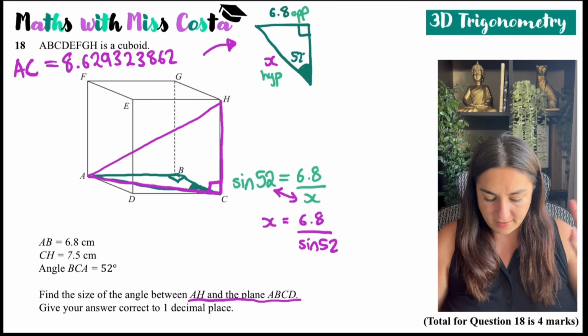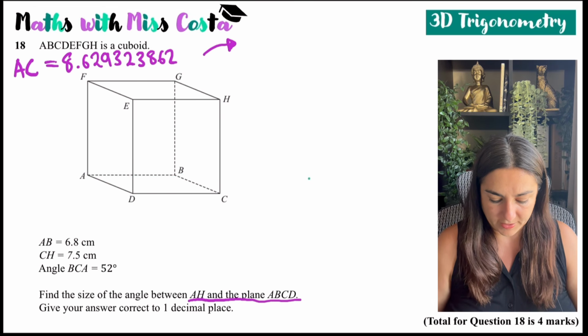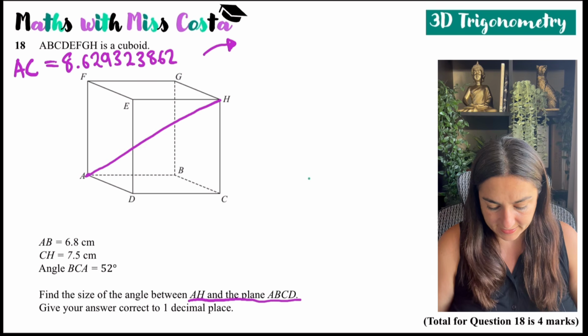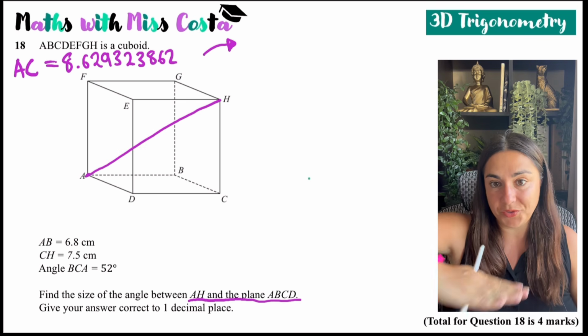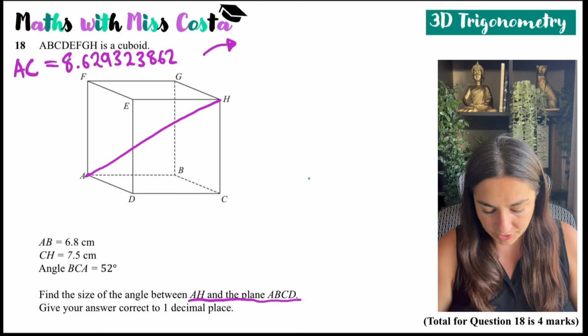So then I can say goodbye to that triangle. It served me well. Now I want to move on to my next 3D triangle. Remember, AH is this line here, and the plane is the 2D face of the base of the cuboid. So what angle would that be?